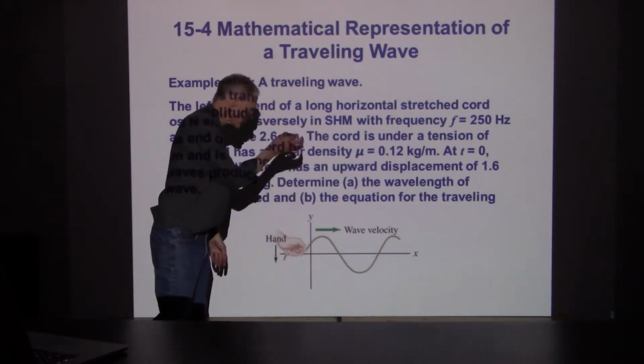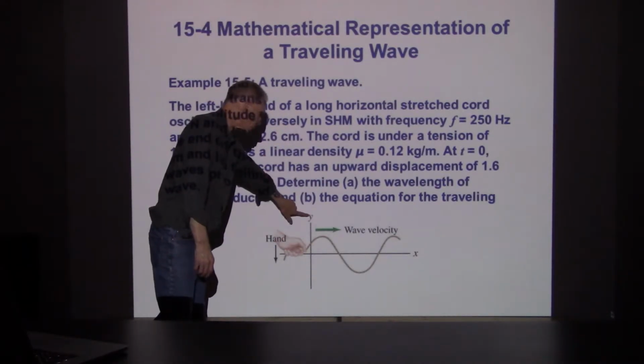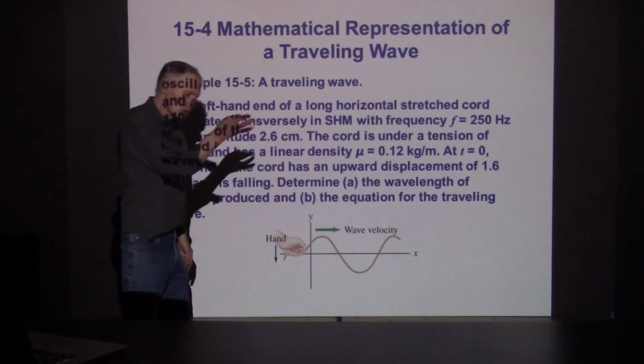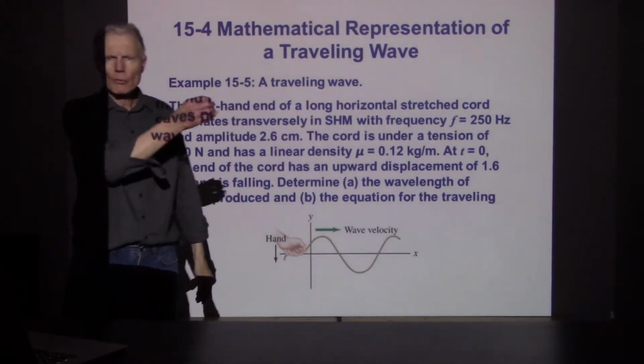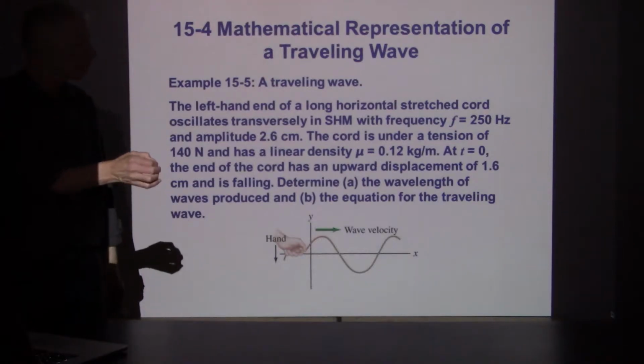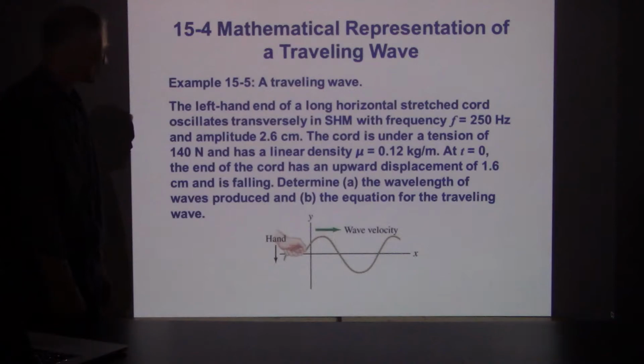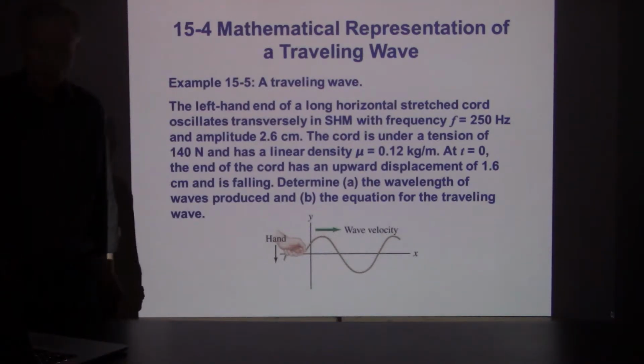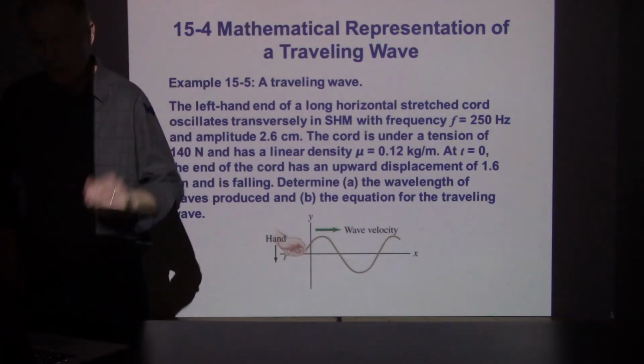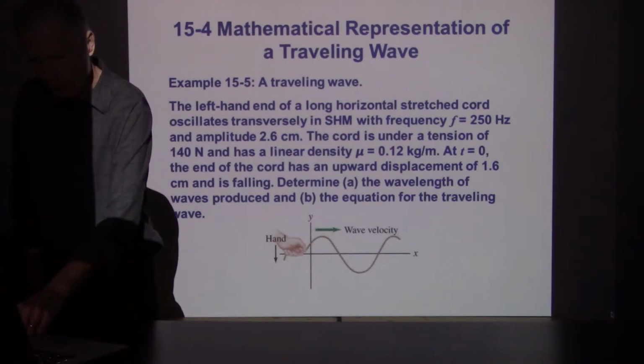So you can think of it as being driven, and again they have y here, it should really be capital D. So the cord here is going to be oscillating back and forth 250 times per second along the d-axis that we have shown here.